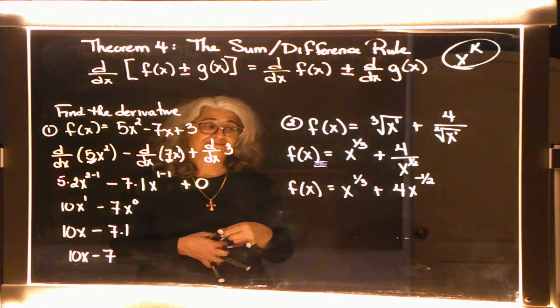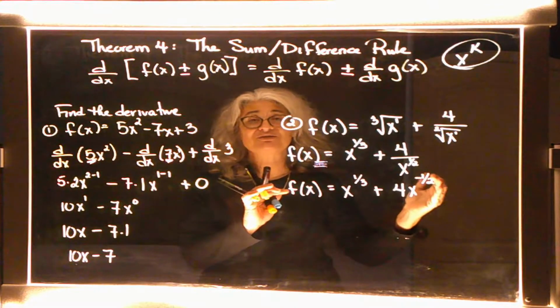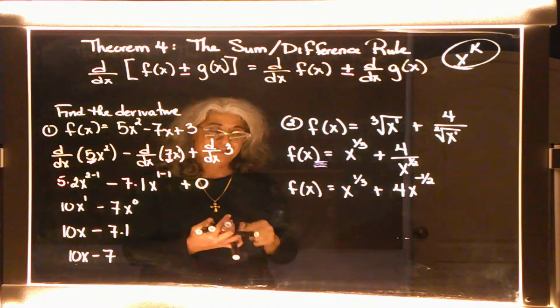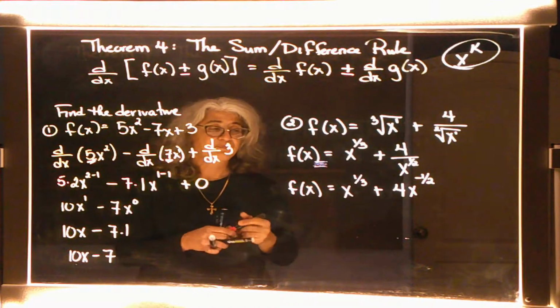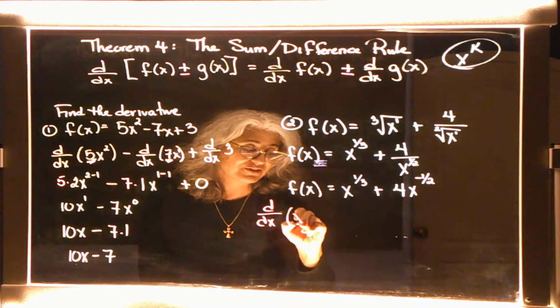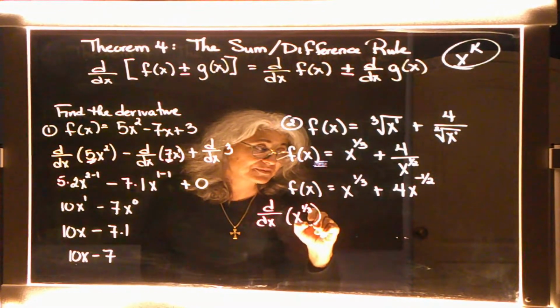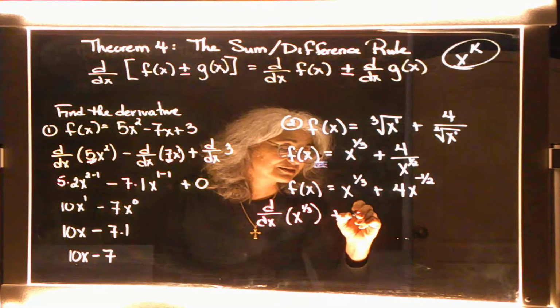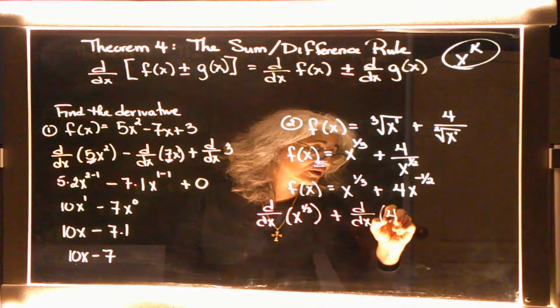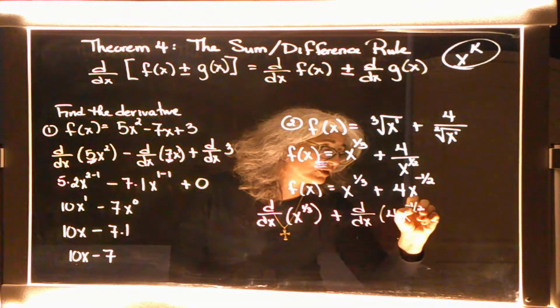And now that we actually have our function in a power format, now I can take the derivative, which means I am going to take the derivative of x to the 1/3 and add to it the derivative of 4x to the negative 1/2.